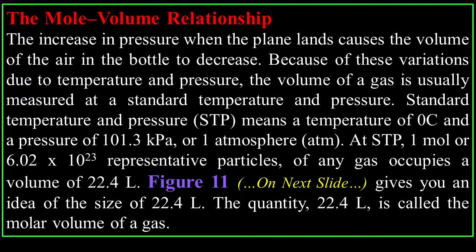Standard temperature and pressure, STP, means a temperature of 0 degrees Celsius and a pressure of 101.3 kilopascals, or as we've seen, it's actually 100 kilopascals now, or 1 atmosphere of pressure. At STP, 1 mole, or 6.02 times 10 to the 23rd representative particles of any gas, occupies a volume of 22.4 liters. Figure 11 on the next slide gives you an idea of the size of 22.4 liters. The quantity 22.4 liters is called the molar volume of a gas.